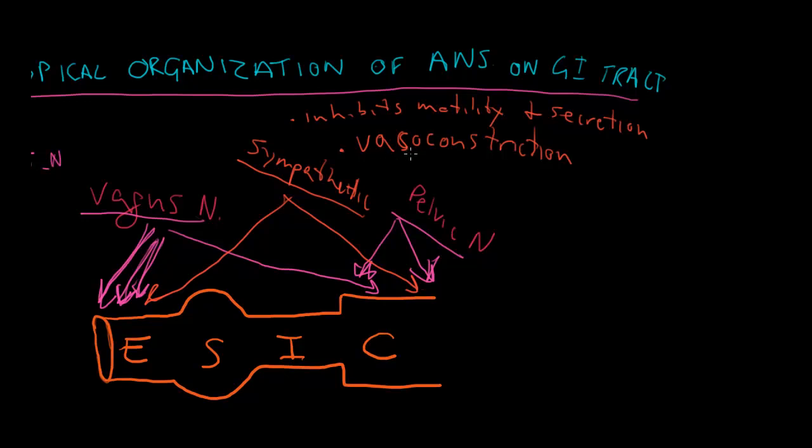And with vasoconstriction, you want to move blood away from your gut and mobilize it to other parts of your body that would help you in your fight or flight syndrome. And parasympathetics are the opposite of this. They increase motility, increase secretion, and cause vasodilation.